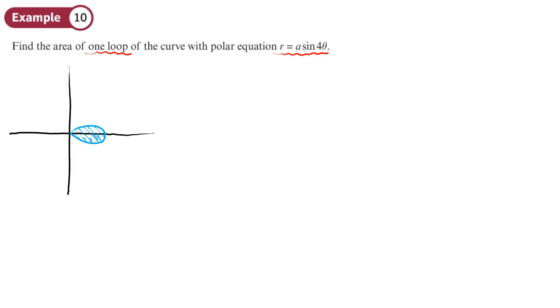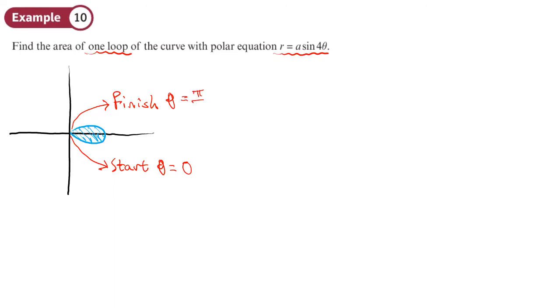Well, I think it's fairly obvious that the start is going to be when theta equals 0. But when does it finish? Okay, well, it's going to finish when r equals 0 again. And that's going to finish when theta is pi over 4.